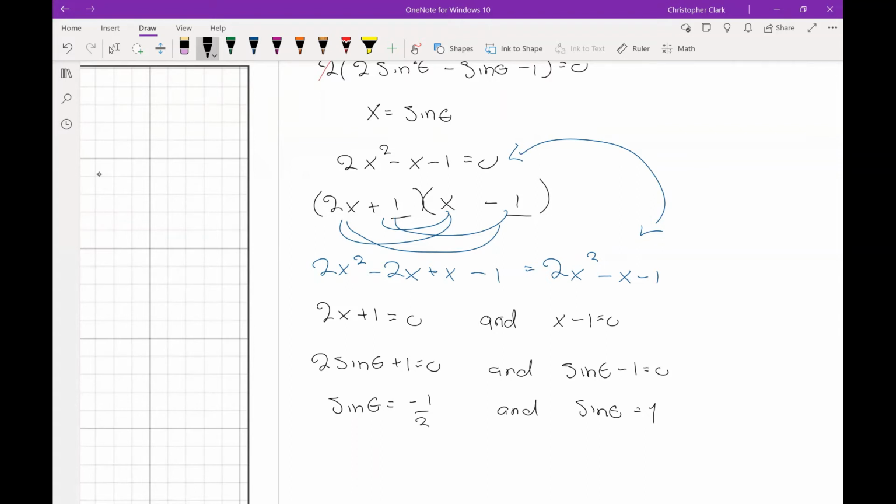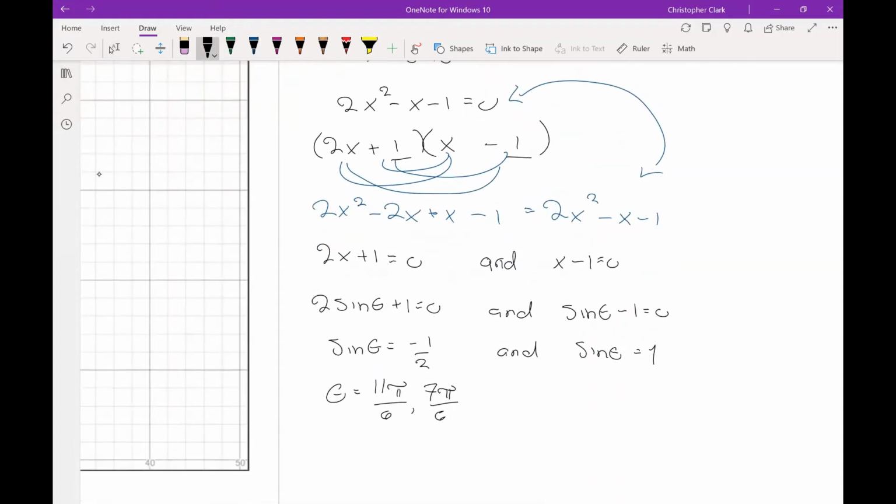So sine of theta is equal to -1/2 at 11 pi over 6, and should also be at 7 pi over 6. And sine of theta is equal to 1 when theta is equal to pi over 2.